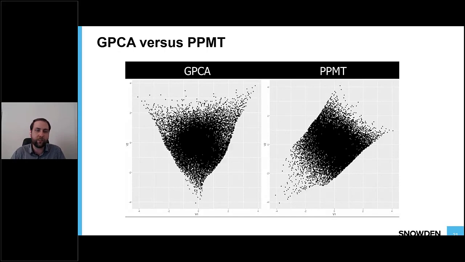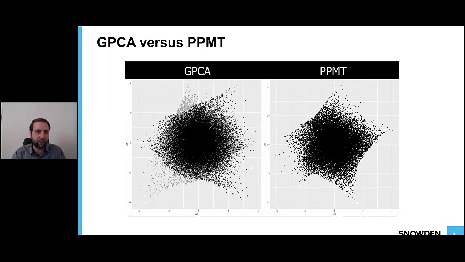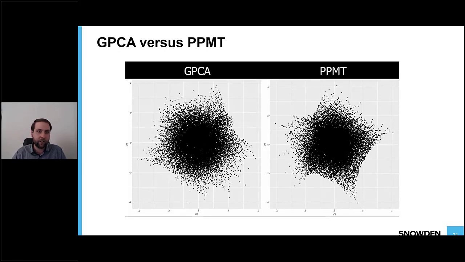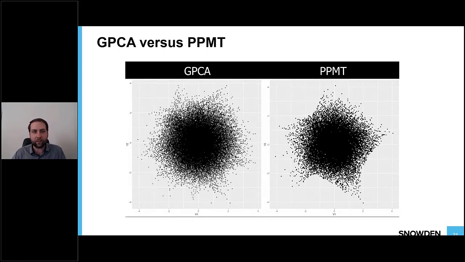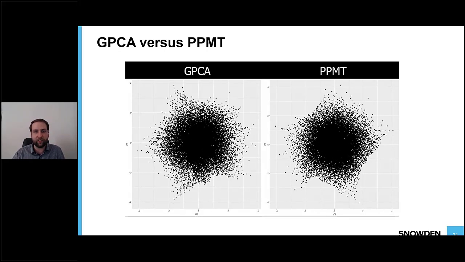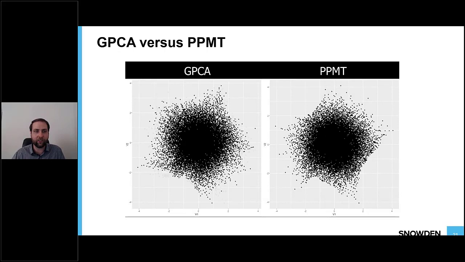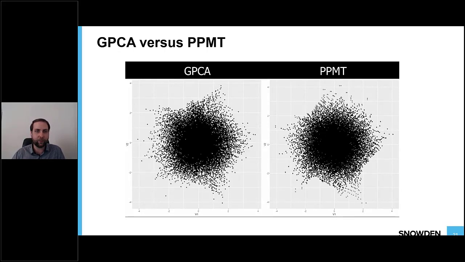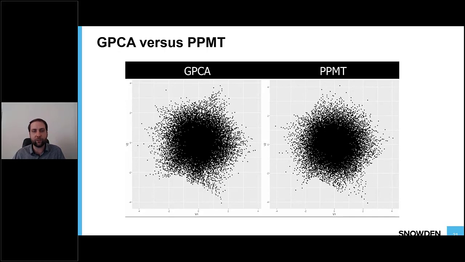That's because in some of these iterations, GPCA is pretty much there already, and the projection pursuit method is going through an almost negligible change in its projection, or its iteration. So while GPCA is just happily churning away, PPMT is finally getting to a result that we would be comfortable with.